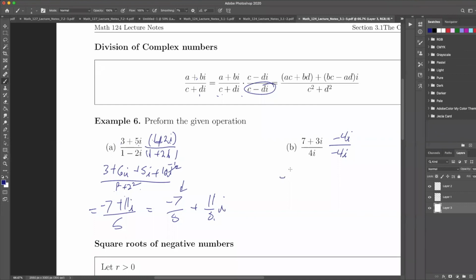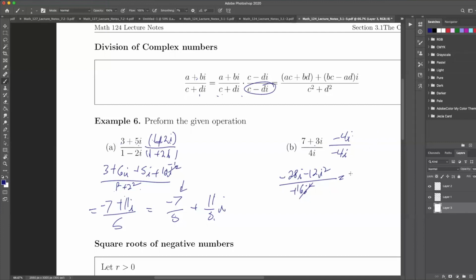I'll have minus 28i minus 12i squared. And then the bottom just becomes negative 16i squared. Well, this just becomes 16 because i squared becomes minus 1.